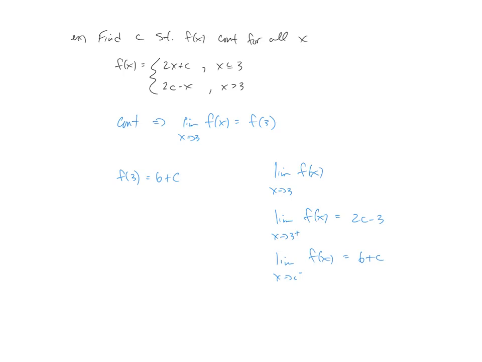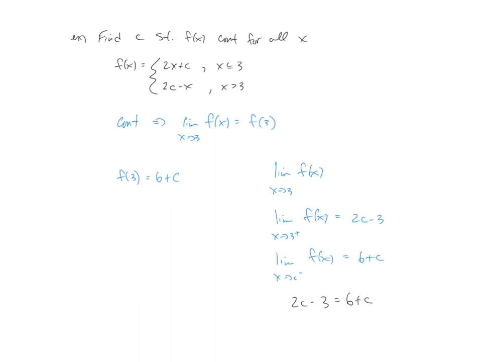Now, for the overall limit to exist, these two parts have to be equal, okay? So I'll take both of those parts. I'll take the 2c minus 3 and set it equal to the 6 plus c. Now, to be fair, for this thing to be continuous, all three of these things have to be the same.